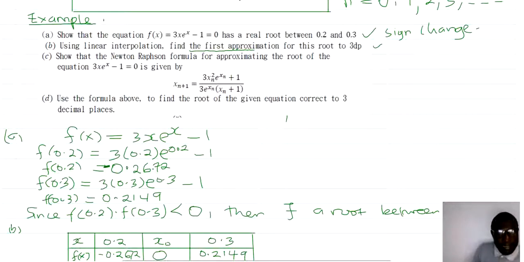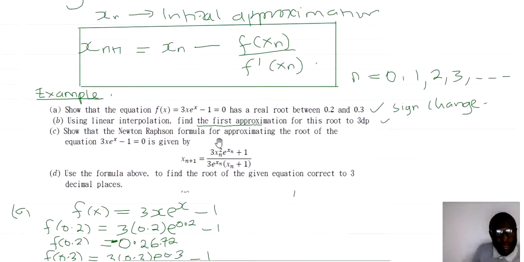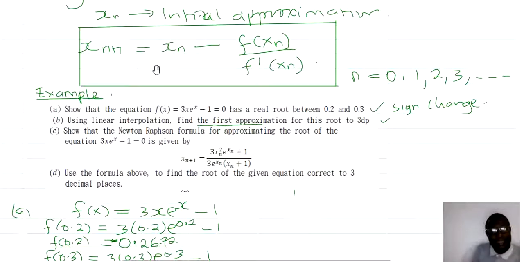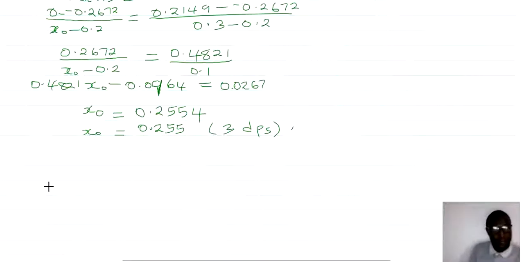Again, the Newton-Raphson formula is here. So it is our task to find f(xn) and f derivative xn. That is the task which we have. So let us get started.